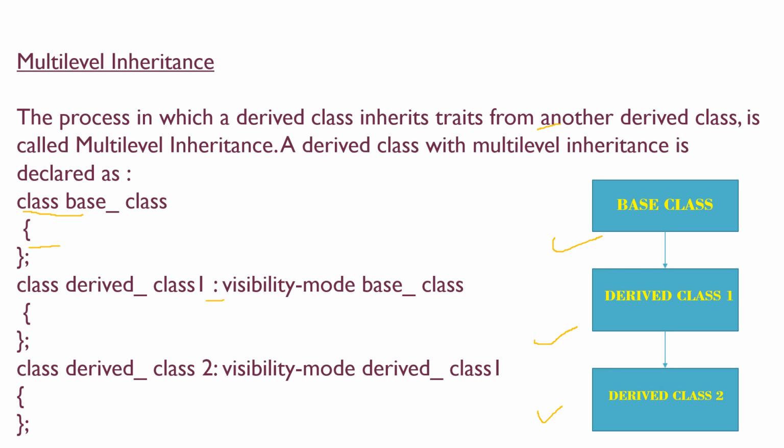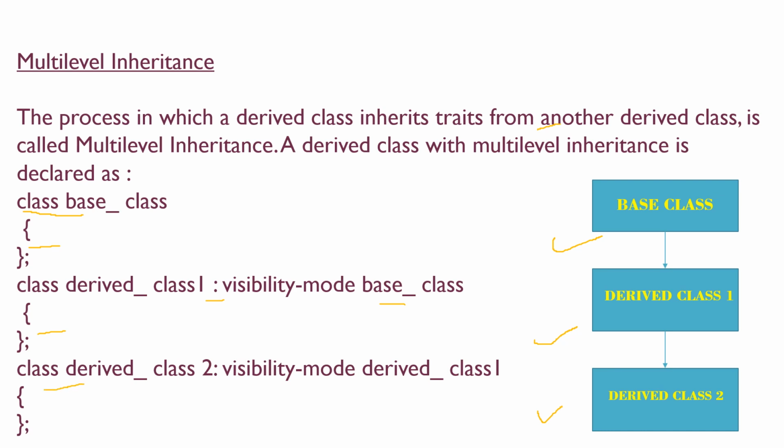After that, from which class we will access the properties, we write the class name, and then open and close curly braces for whatever members we want to keep.